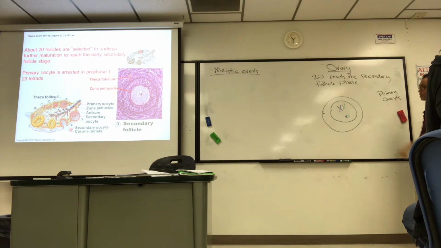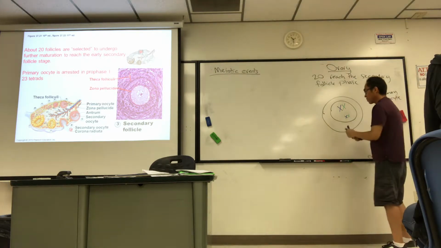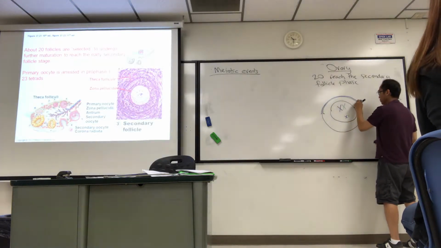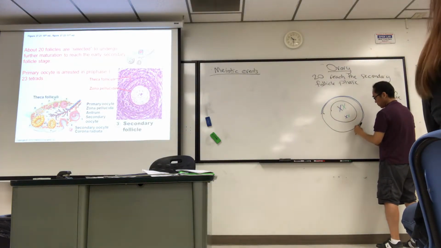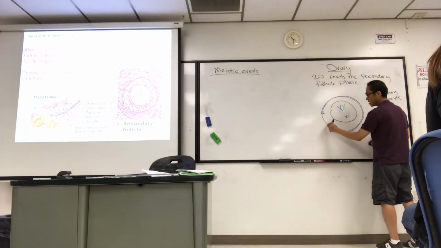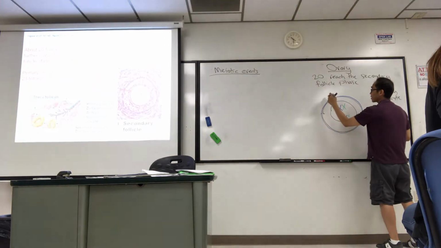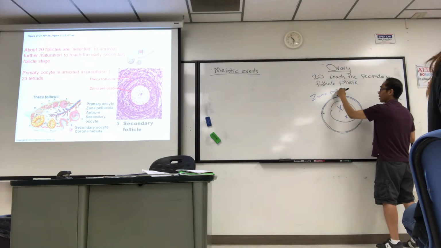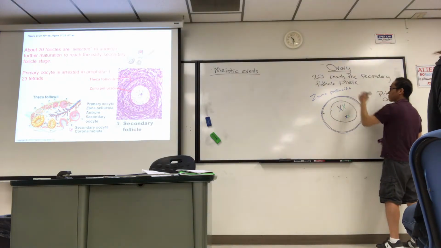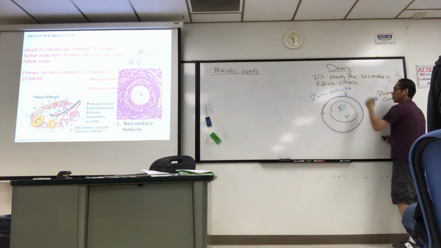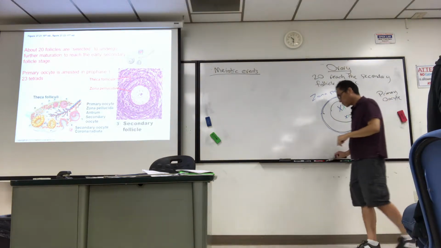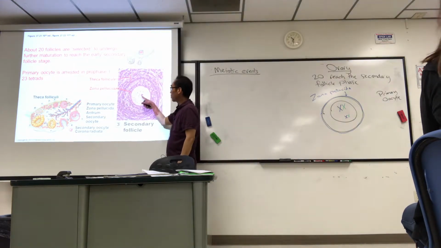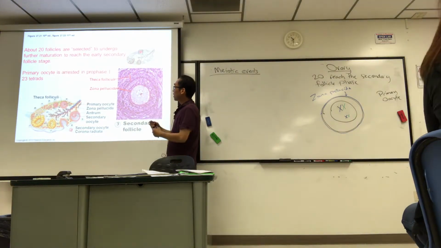Around that would be a zona pellucida. It's like a glycoprotein eggshell. There are other purposes for it. It has sperm receptors. So I just drew the zona pellucida around the nucleus. This is the primary oocyte.